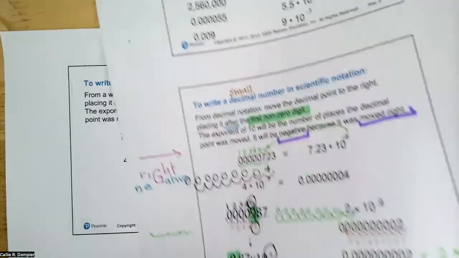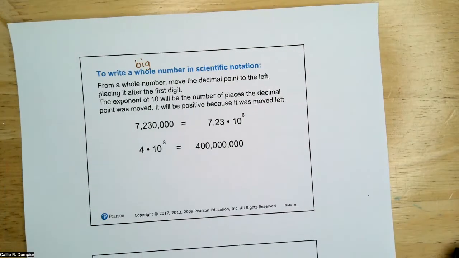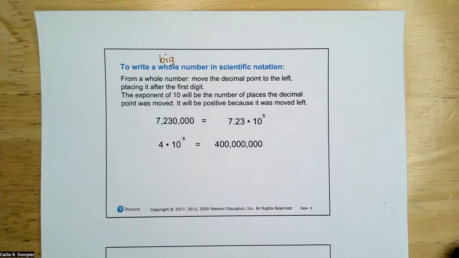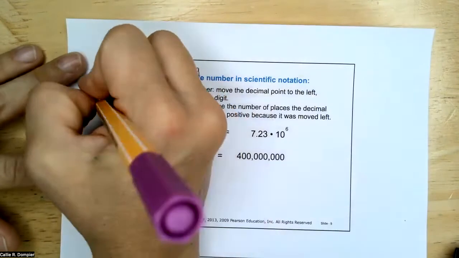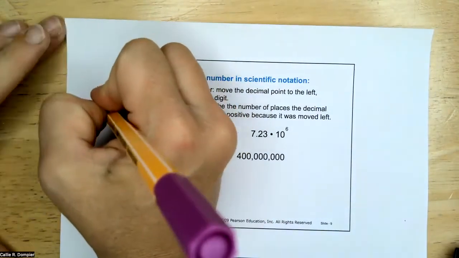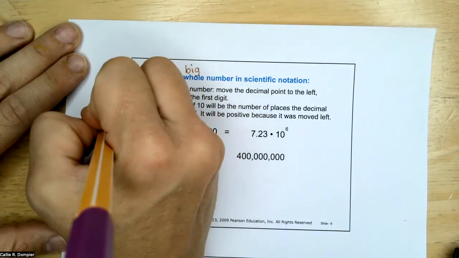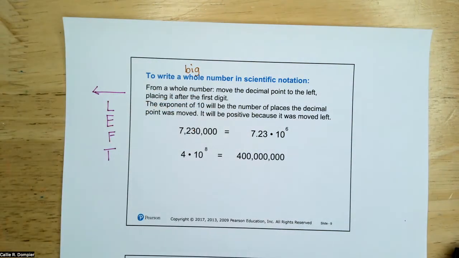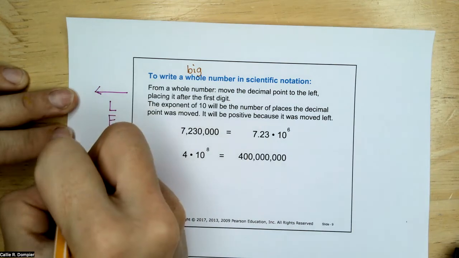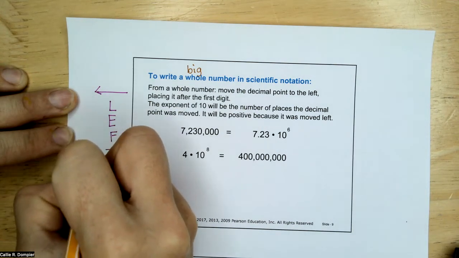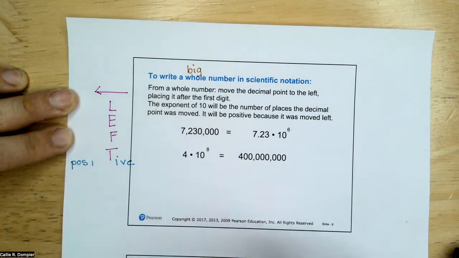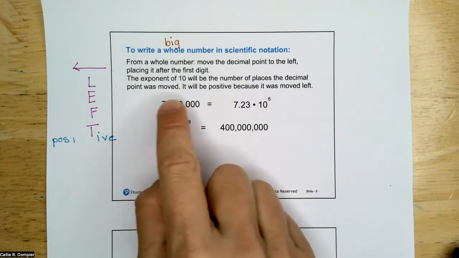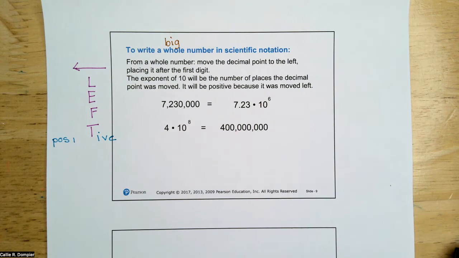Okay. To write a big number in scientific notation, we're going to go left, right? Left, think positive exponent. If you had to move left, you're going to make your exponent positive.